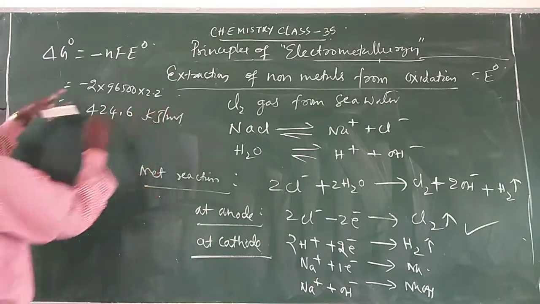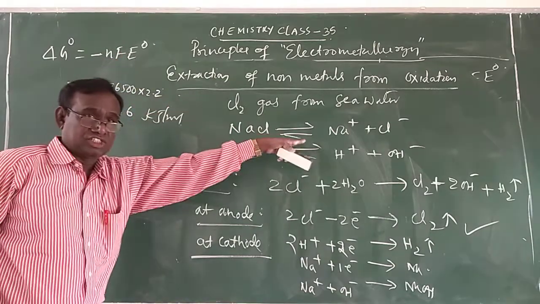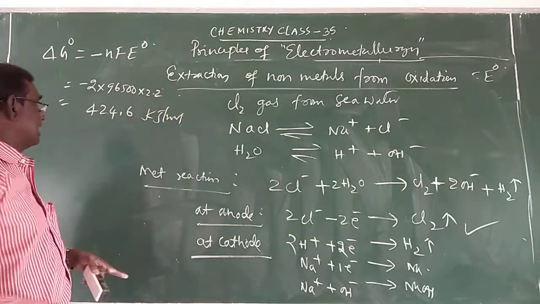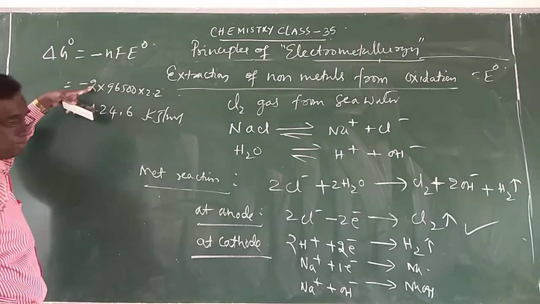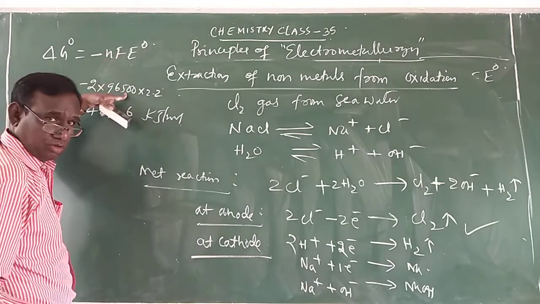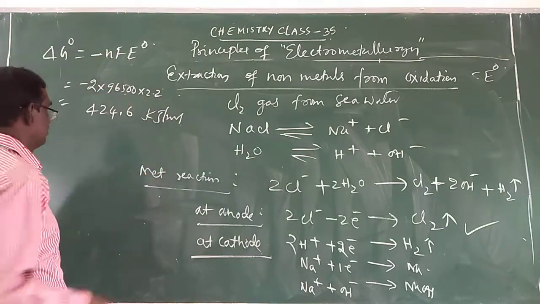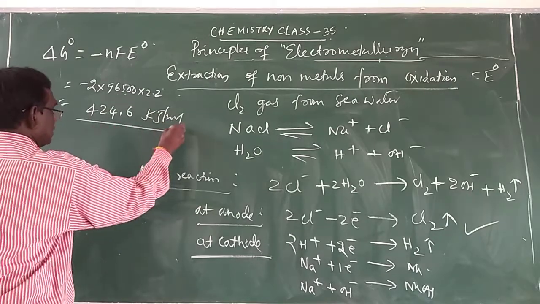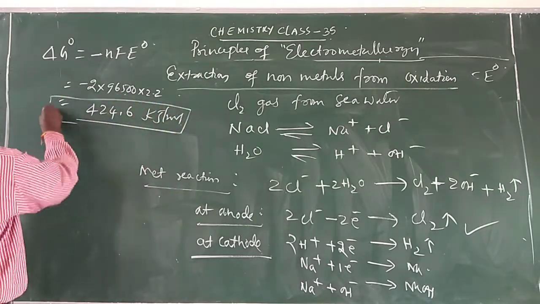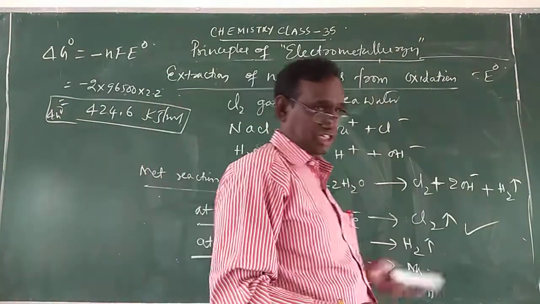So if 2.2 volts is passed for the electrolysis, with n equal to 2, the valency, and 96,500 coulombs being 1 Faraday, you will get 424.6 kilojoules per mole of delta G naught. This is how we can calculate the delta G naught for this reaction also.